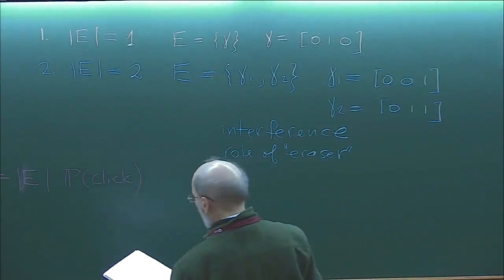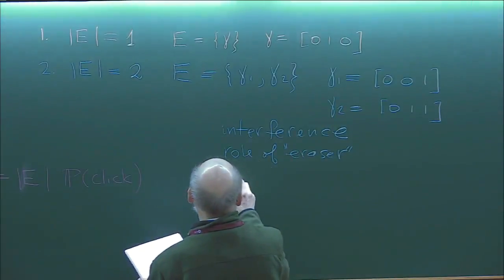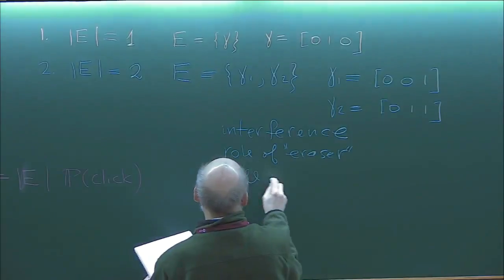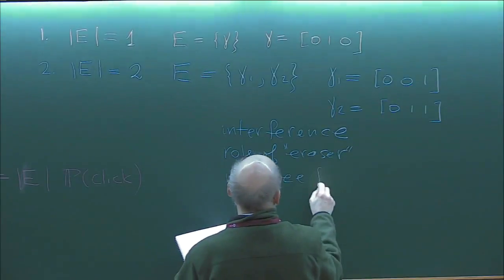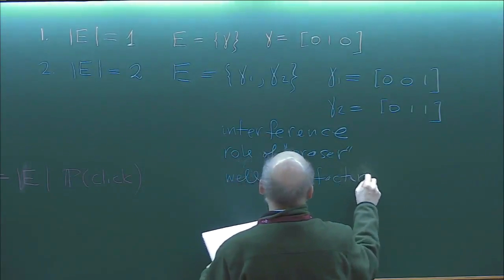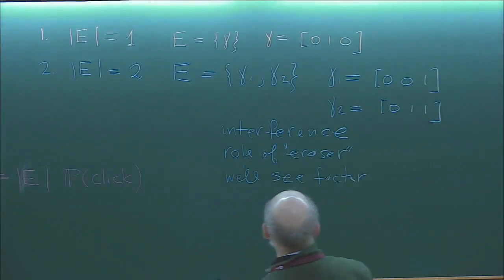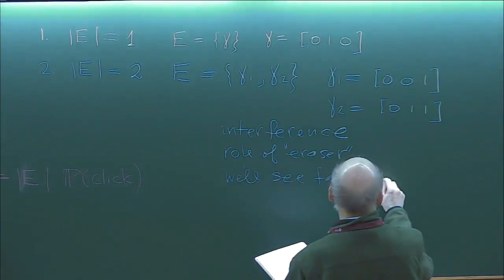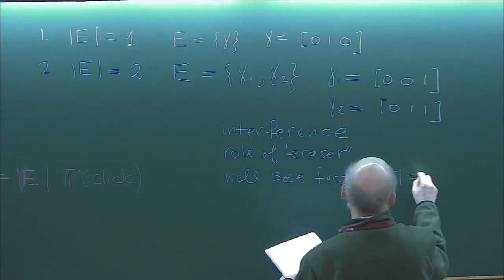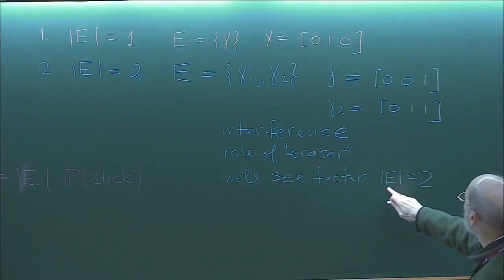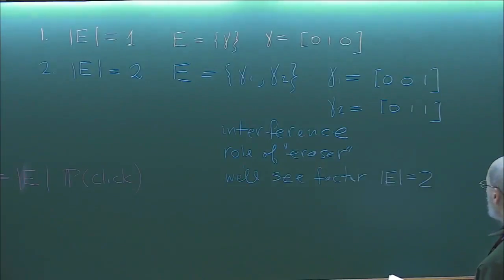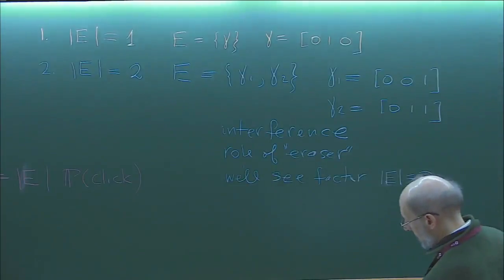And then we'll also see why the probability of a click is not directly the measure, but is related to it by a factor. So we'll see this factor of 2, which is the cardinality of the event, which in this case is, of course, 2.